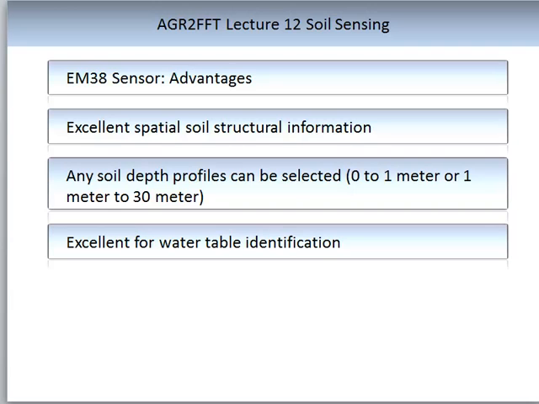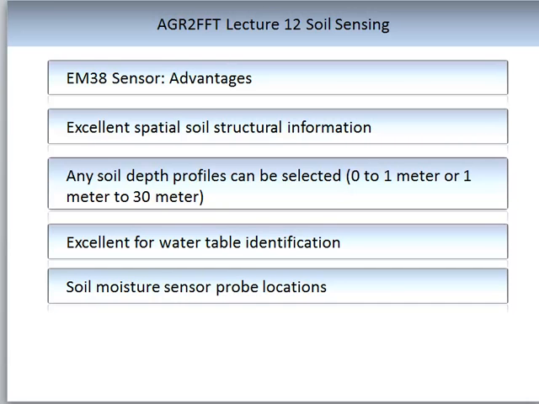They are excellent for identification of the water table, and this may be required in irrigation infrastructure and possible dam locations. This technology is highly recommended when you are setting up irrigation infrastructure. Another very important use for this technology is they can help determine where the best soil moisture sensor locations are.